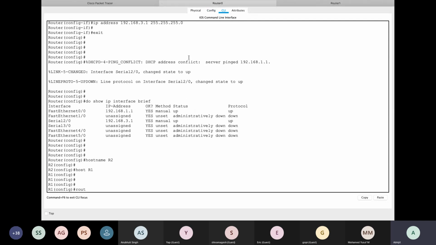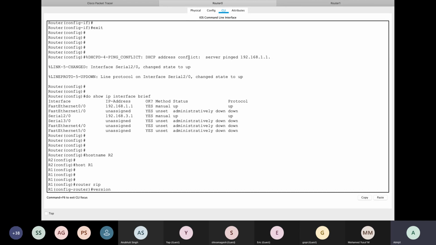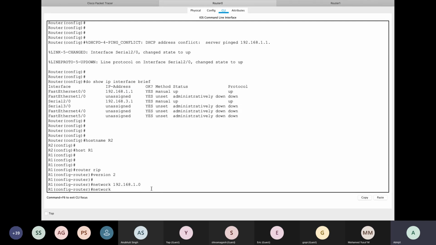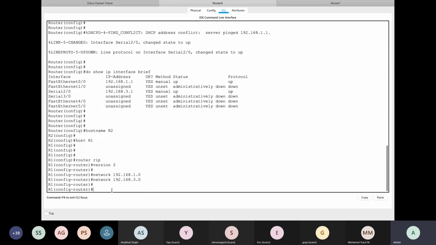And then you create a RIP instance by saying router rip, version 2, and then network 192.168.1.0. You need to advertise your first directly connected network. Then you say network 192.168.3.0. You advertise your second directly connected network.